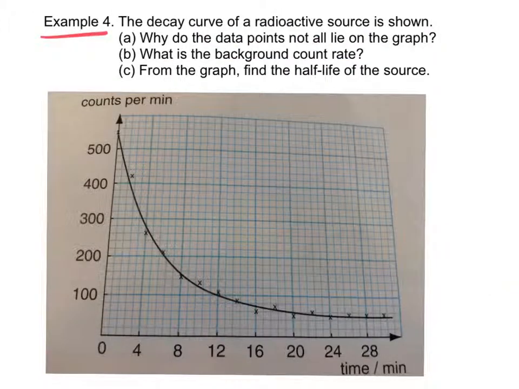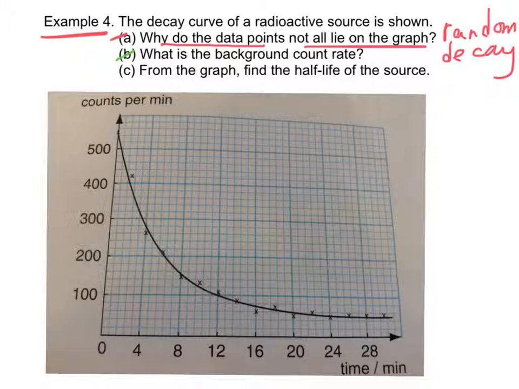Example 4. Part A. Why do the data points not lie on the graph? The reason is that the decay process is random, or we say due to random decay.